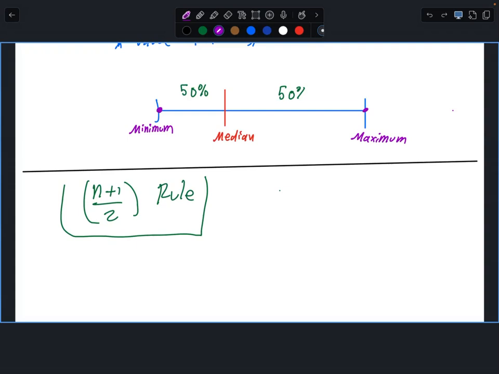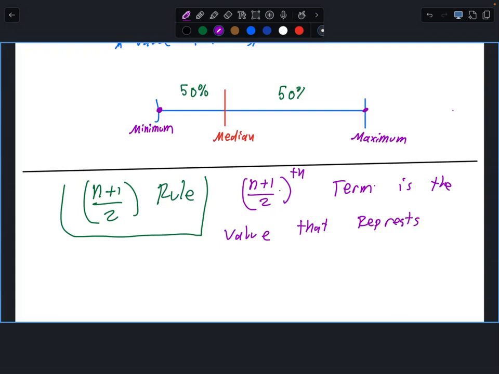The number of values, the number of terms that we have. So the (n+1)/2 th term is the value that represents the median.